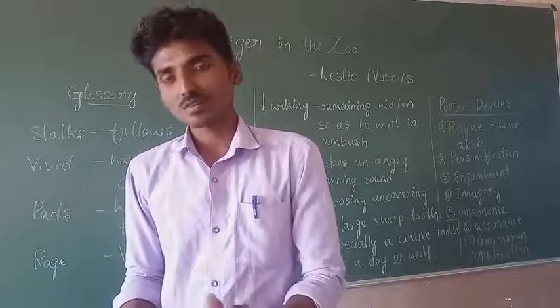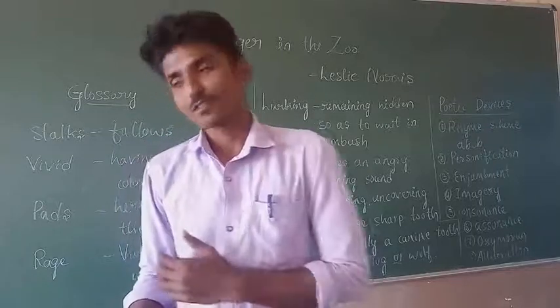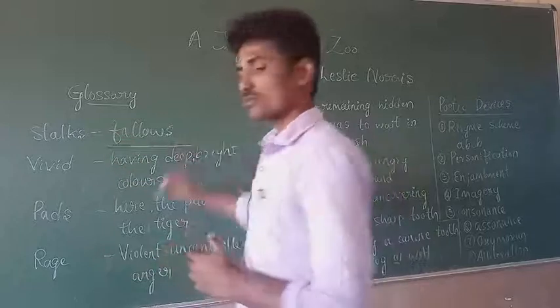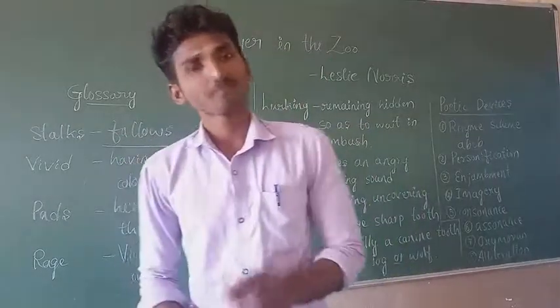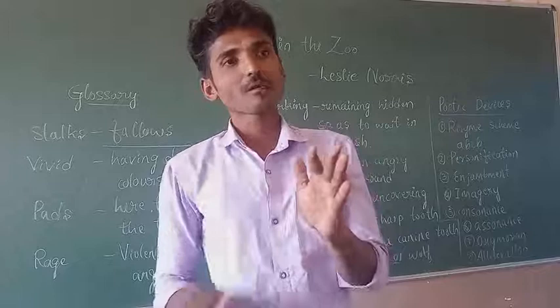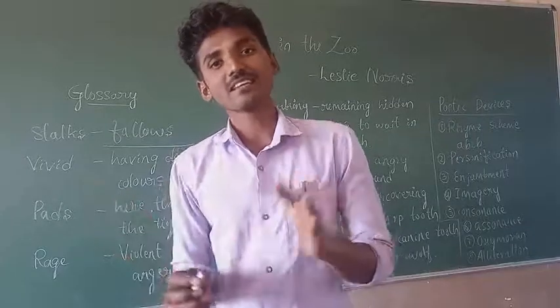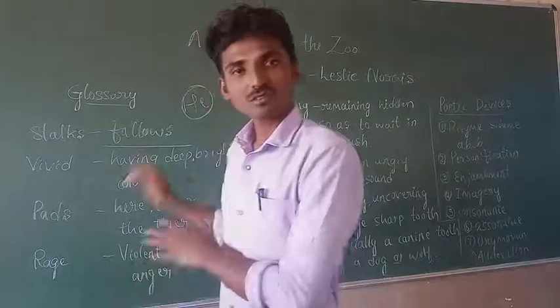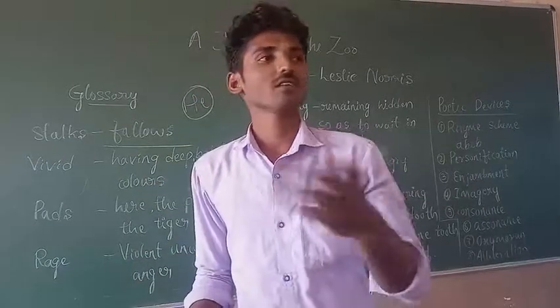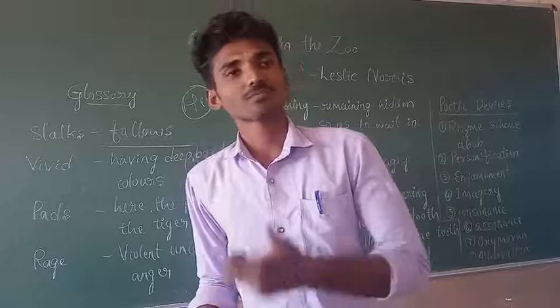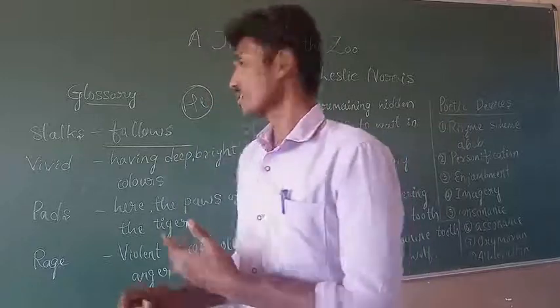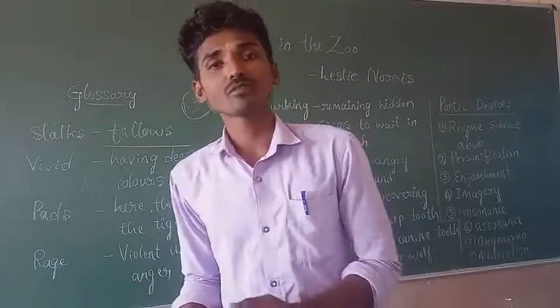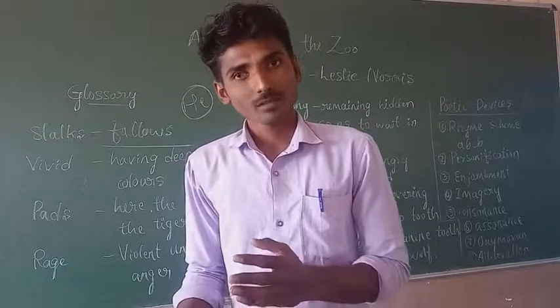Here, stalks means follows. He means here the tiger. The tiger is referred to as he. So this is called a personification that you can see in this poem. Personification of the tiger.